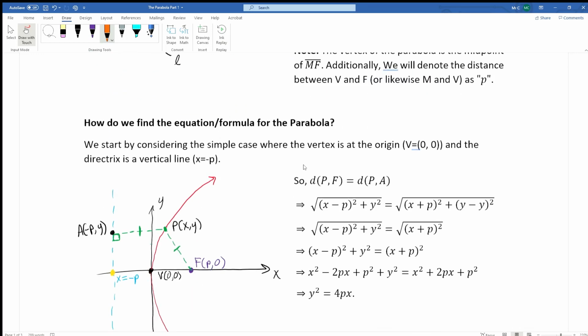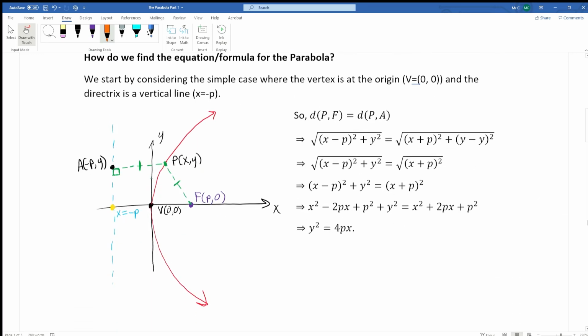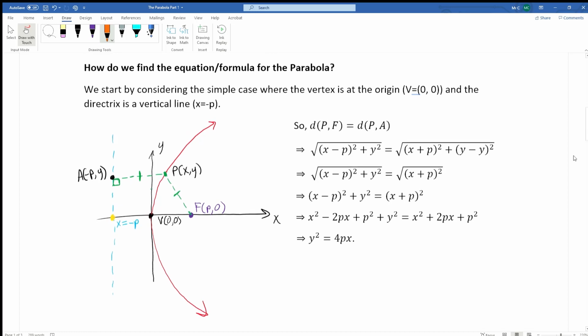Okay, so how do we find the equation or formula for the parabola? Well, we're going to start by considering the simple case where the vertex is at the origin, that's (0, 0). And the directrix is a vertical line, x equal to negative p. So we've drawn that as this blue dashed line here, and the vertex is our black dot at the center, and this red graph is our parabola.